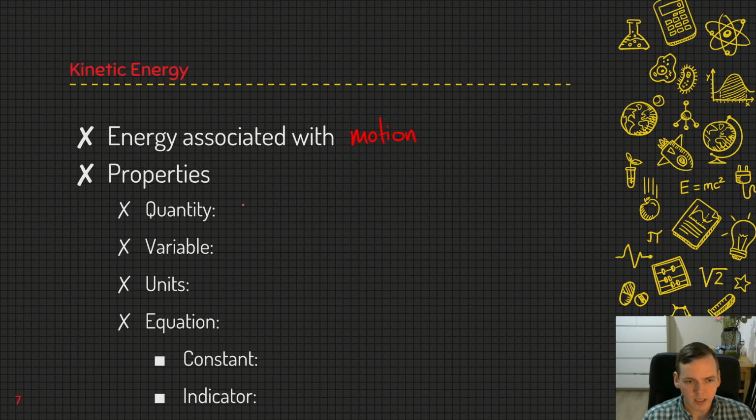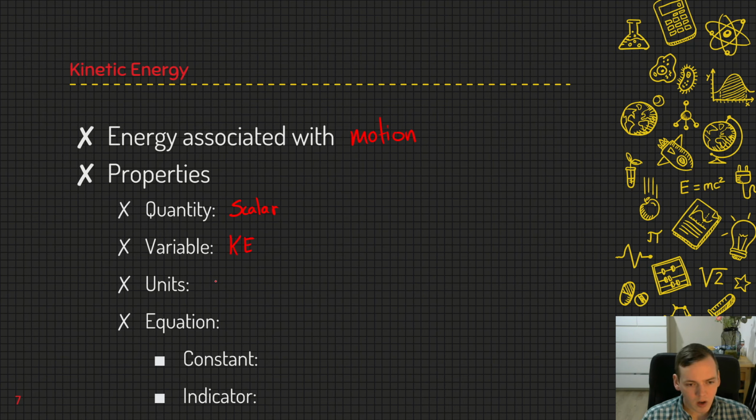So the quantity kinetic energy is a scalar. You either have a certain amount of kinetic energy, it doesn't have a direction, that doesn't make sense. The variable is typically written as KE.